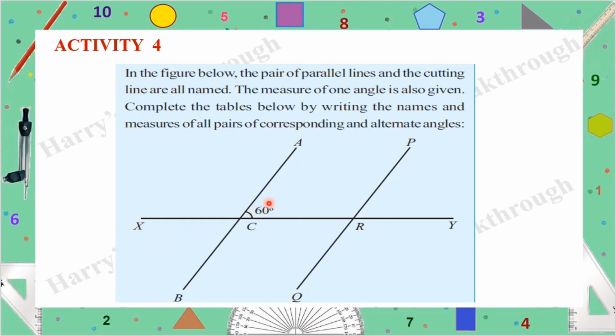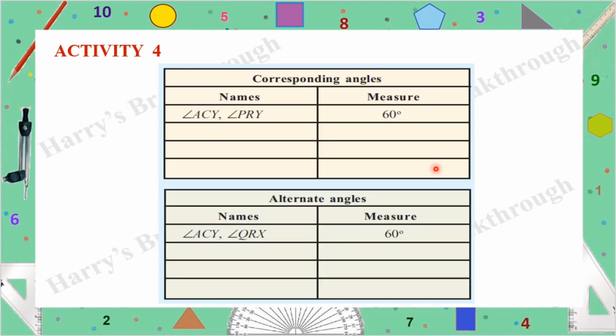And one angle is given as 60 degree and you have to find the remaining 7 angles and then you have to name the pairs of corresponding and alternate angles and also their measures. So you are given two tables. You have to write the pairs of corresponding angles and their measures and also alternate angles and their measures.